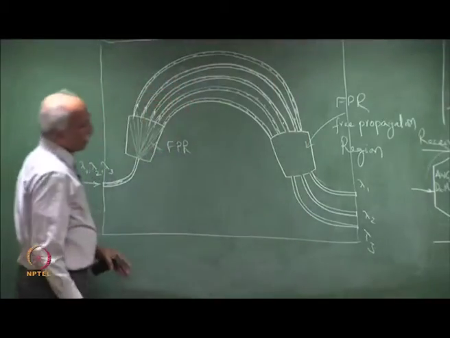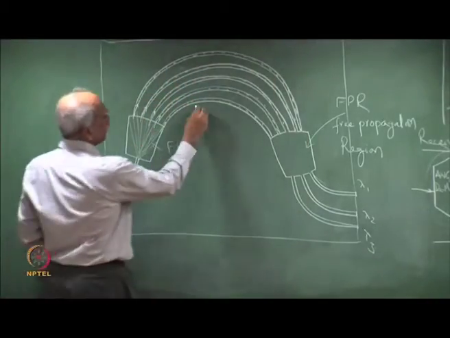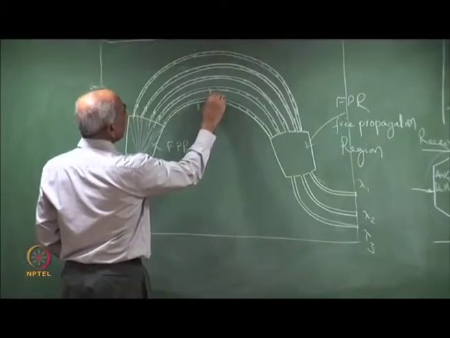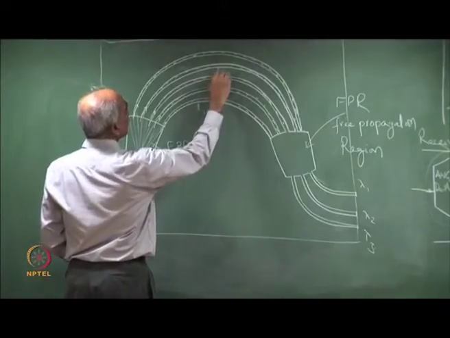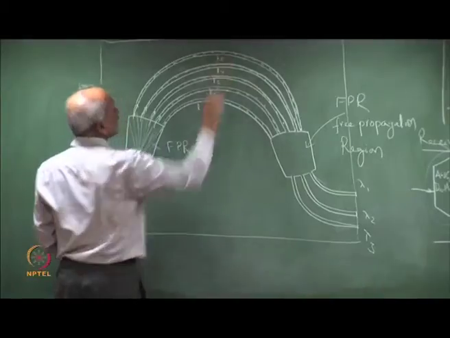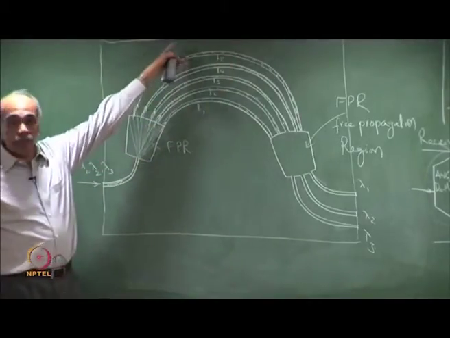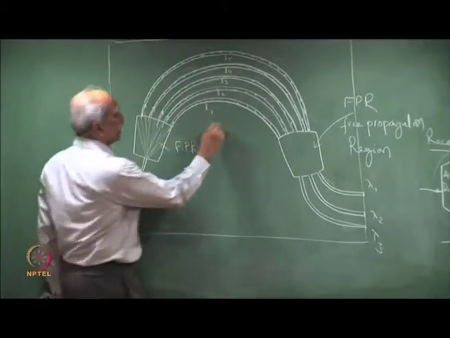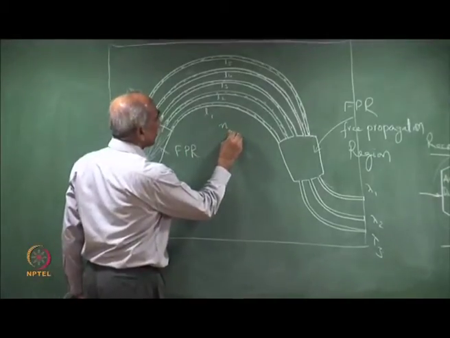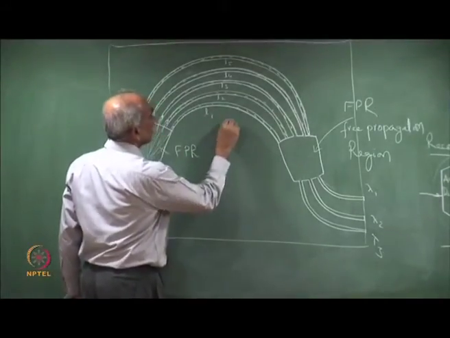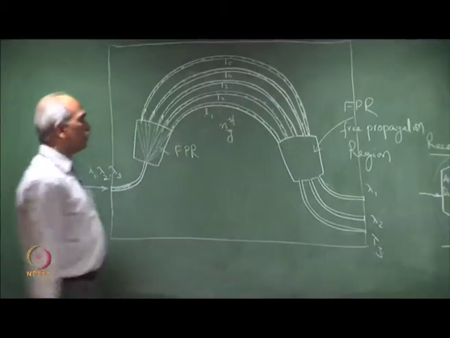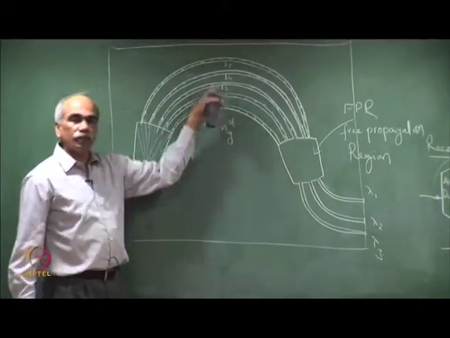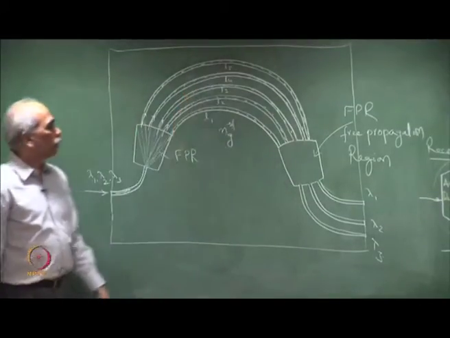arc. As you can see, if this is length L1, L2, L3, L4, L5, usually they are all of the same dimension, so that the modal effective index N effective of the waveguides is identical.